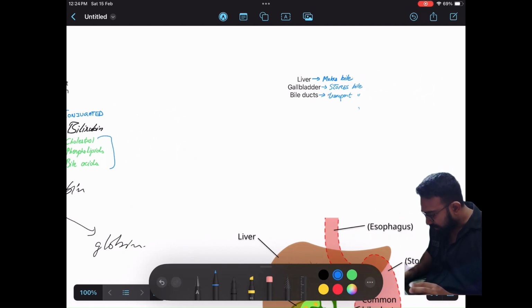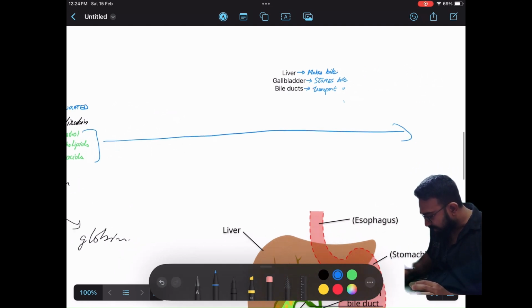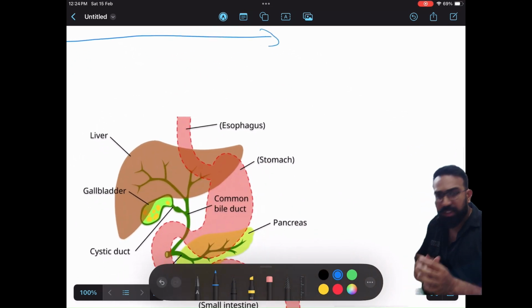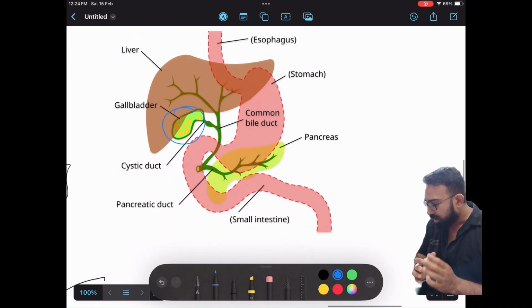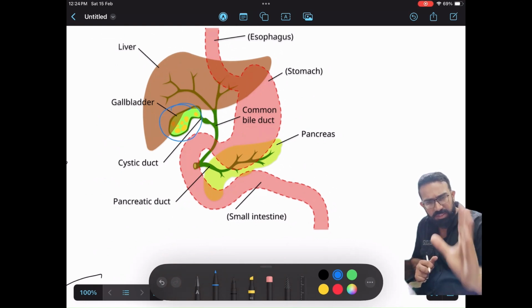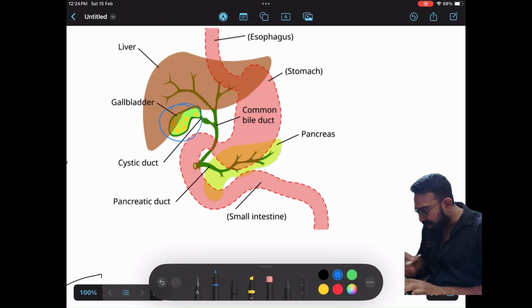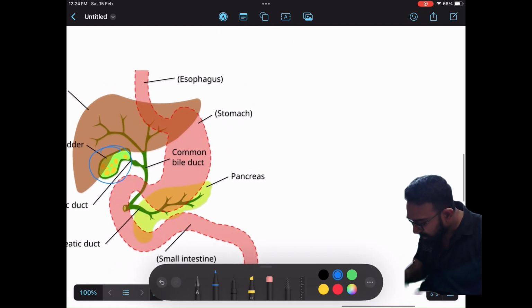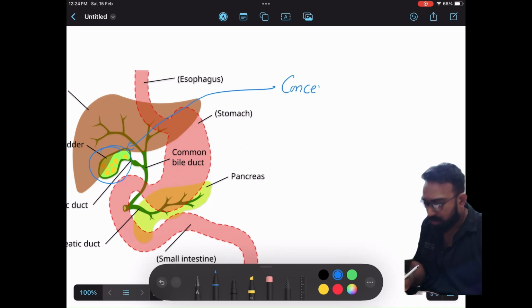Here is your gallbladder in this diagram. The gallbladder is storing bile. It is not just passively storing bile, but the gallbladder is also doing an important function, which is concentrating the bile.